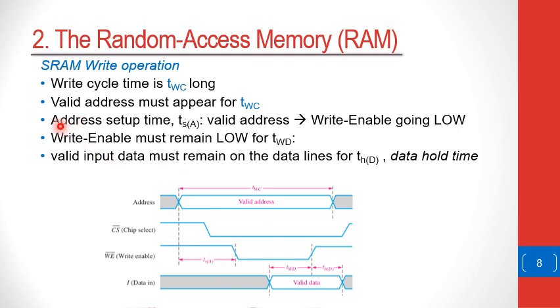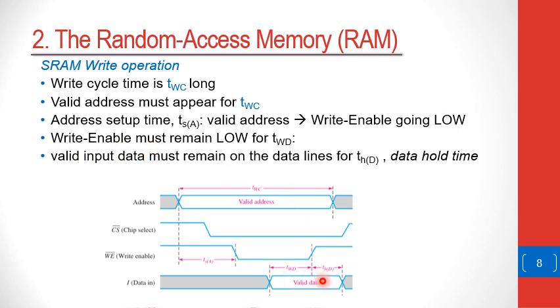TSA. TSA simply means address setup time, and the address setup time is the minimum duration between having a valid address on the address bus and the write enable going low. And then after that has happened, there is a TWD.